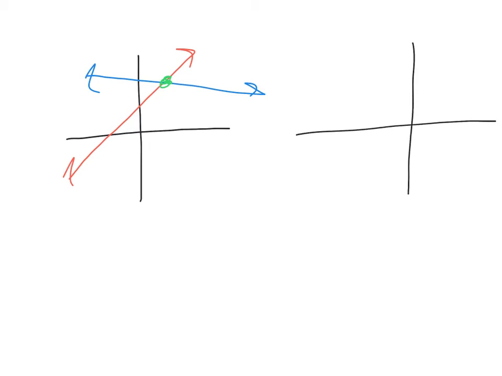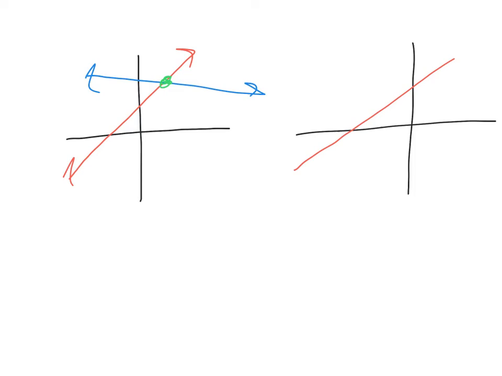So, one of the things we've discovered so far is that when I'm graphing two lines, one line here and one line here, they can intersect. But there are two other possibilities. They may not intersect, and you probably are wondering, how is that possible? Well, take a look at this.